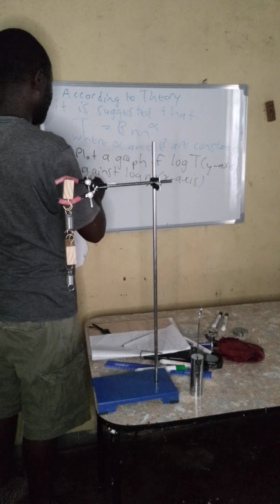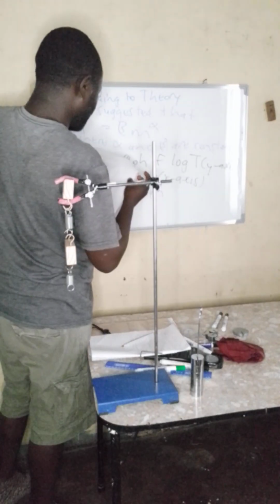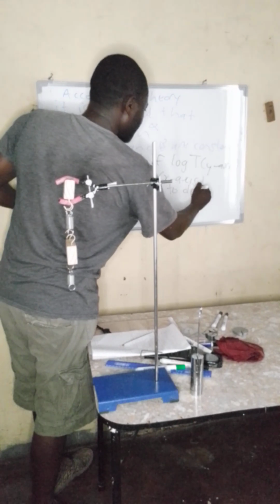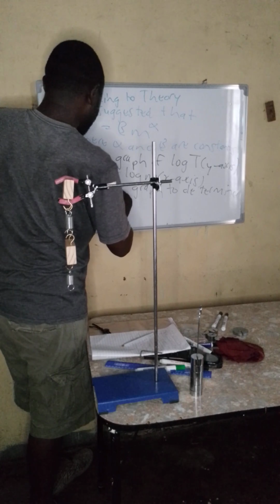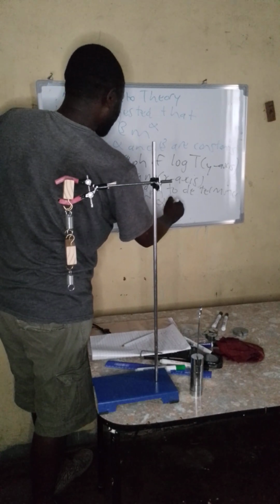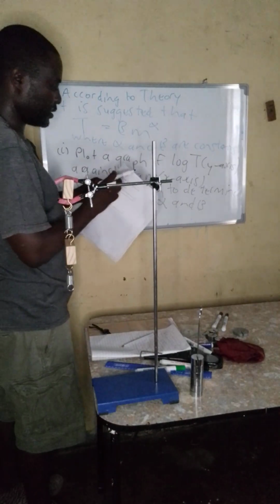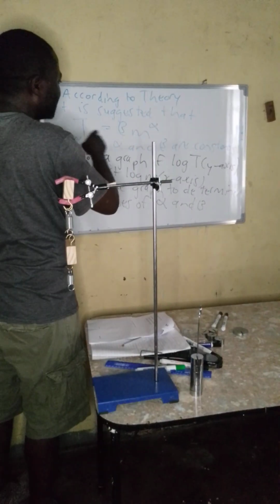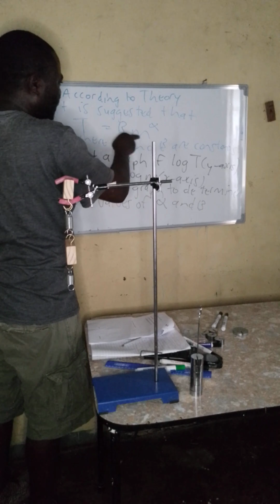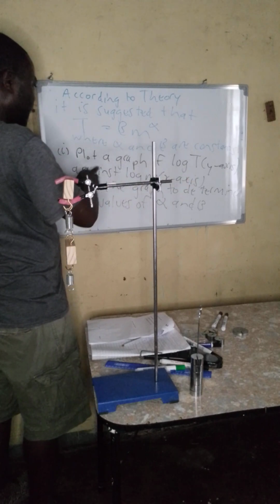To use the graph to determine the values of alpha and beta. So according to theory, it is suggested that t is equal to beta m to the power alpha, where alpha and beta are constants. So we have to plot a graph of log t against log m.